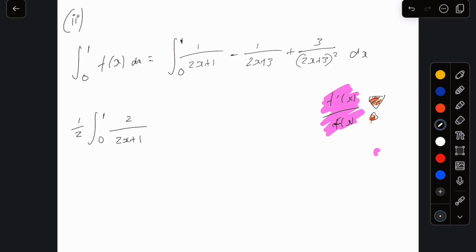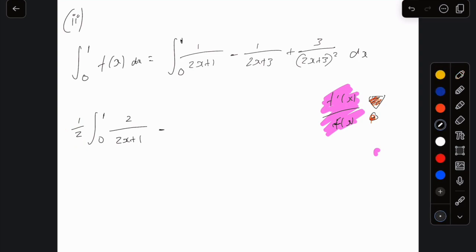Alright, and why are we doing that? Because if you look here, half times 2 equals 1, which is the same thing as saying this. Okay. So what we're actually doing is splitting the integral into different integrals now.